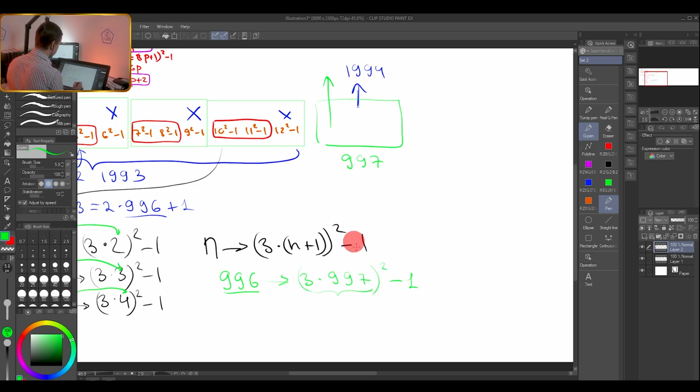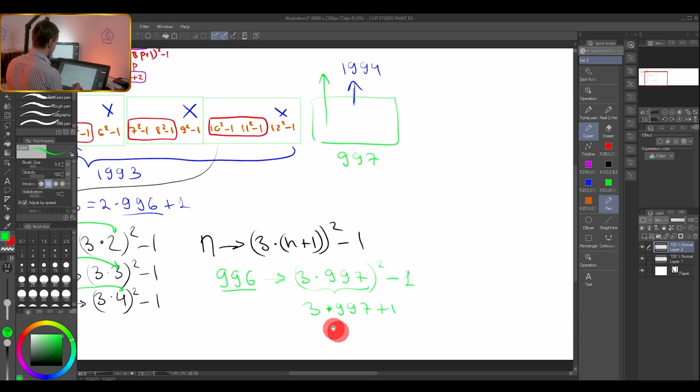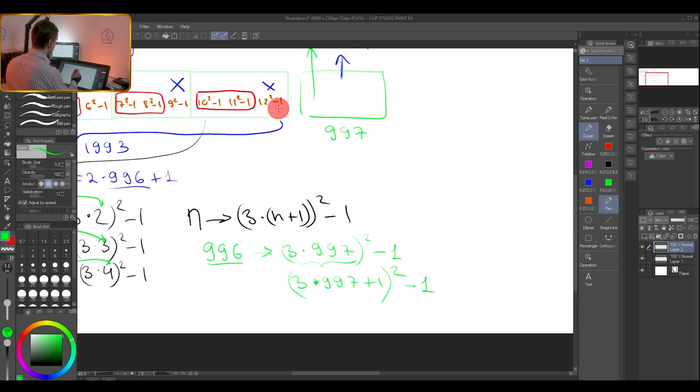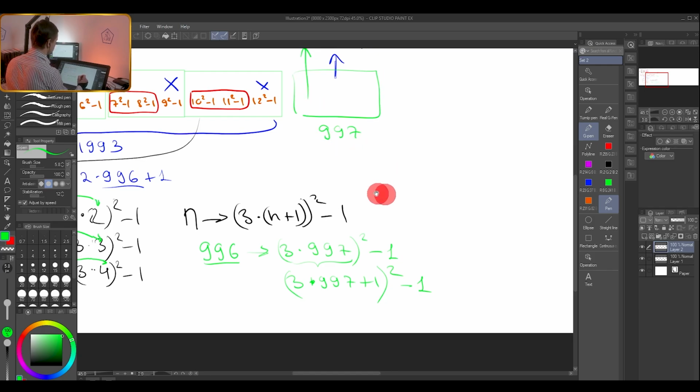So if here at the end we have the square of this number minus 1, on the next position we will have the square of the next number that goes right after this. So it will be 3 times 997 plus 1. It is the next number, and after that you square it, and minus 1. And this will be the number that goes right after the rectangle 996, so it will be at the beginning of the rectangle 997.